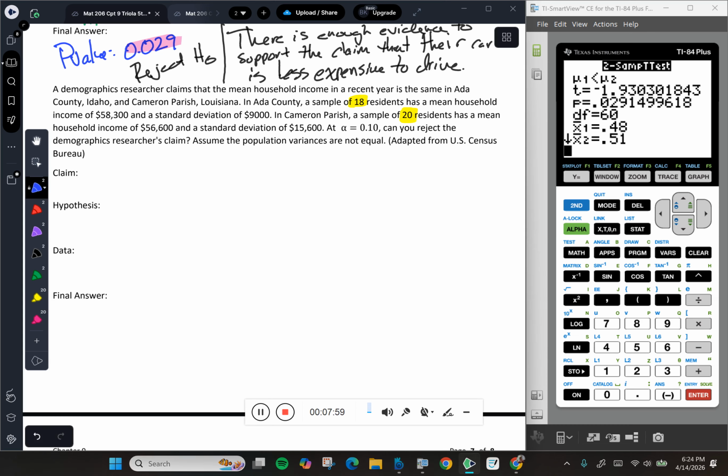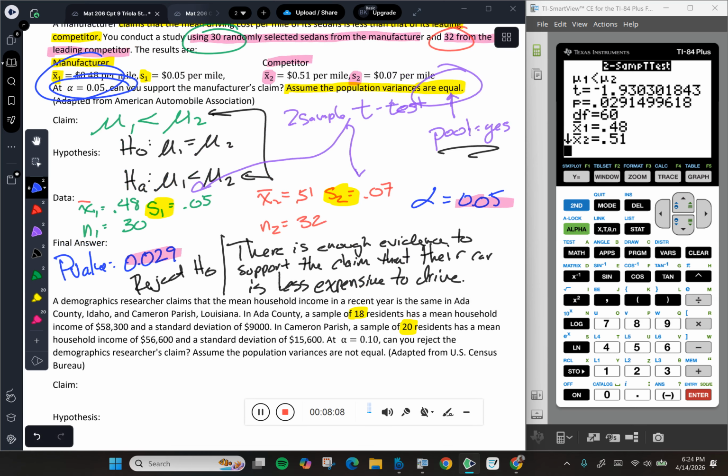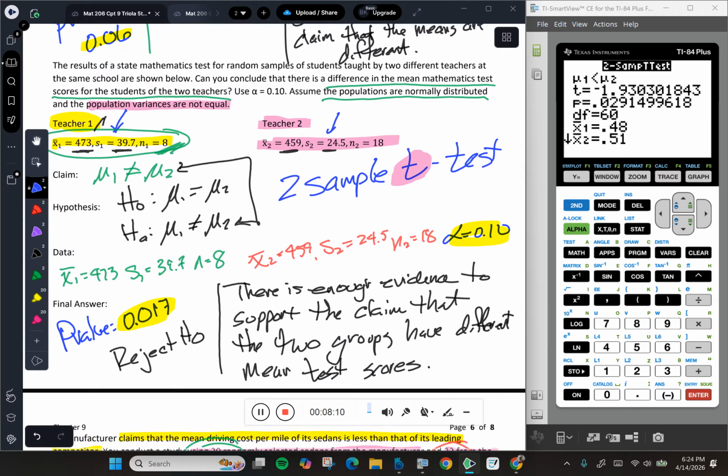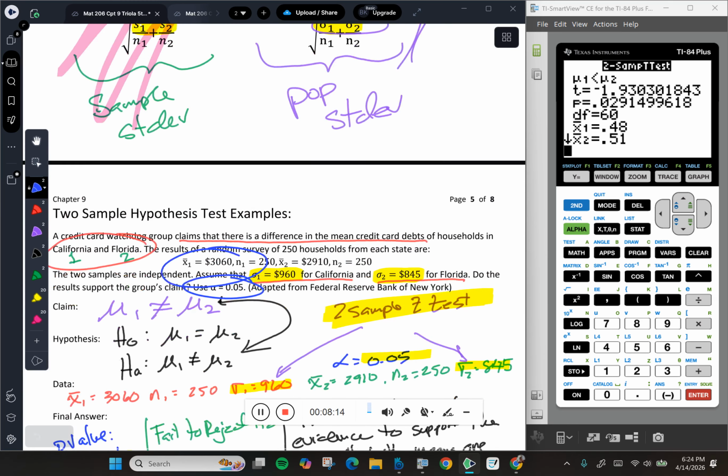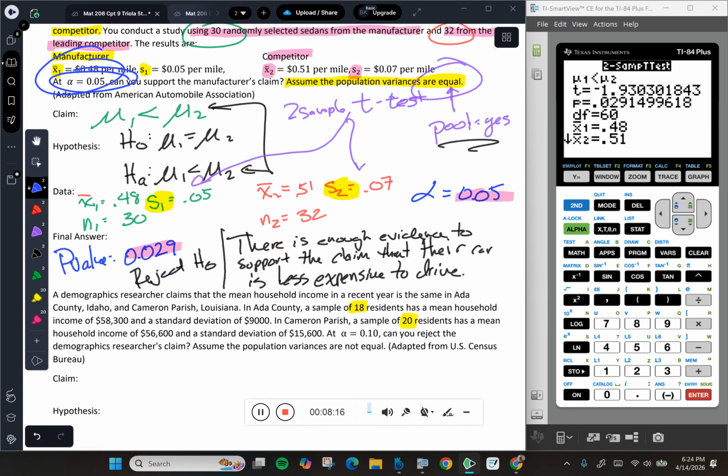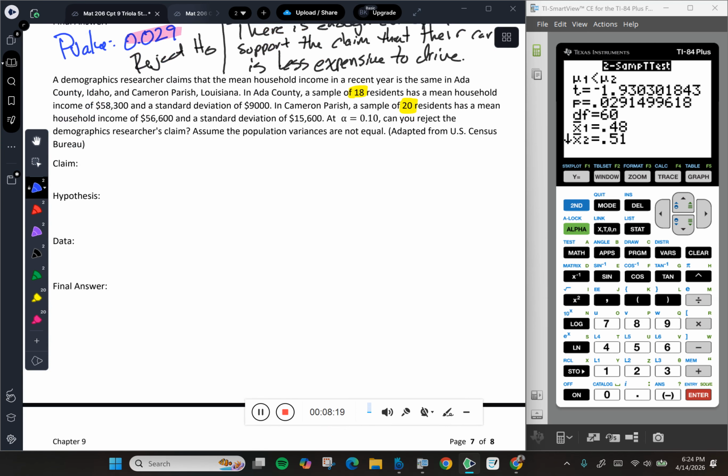All right, so this example does not lay out for us which group is group 1 and group 2. In the other examples, it kind of told us, right? This one is going to be an example where it clearly doesn't say which one's group 2, which one's group 1. We're going to go with what I started with in the last section. I run into Ada, Idaho first, so that's 1.